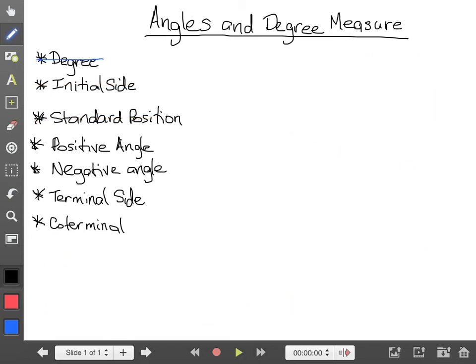So we've looked at degree, initial side, standard position, and we've looked at positive and negative angles. All right, we also actually have looked at the terminal side, but we just didn't name it before. So let's put this coordinate plane back into position. And here is our initial side. It's in standard position because it's in line with our x-axis.